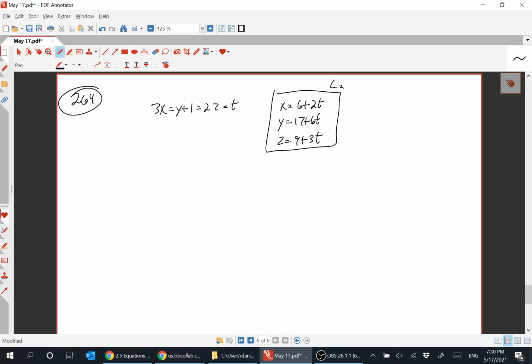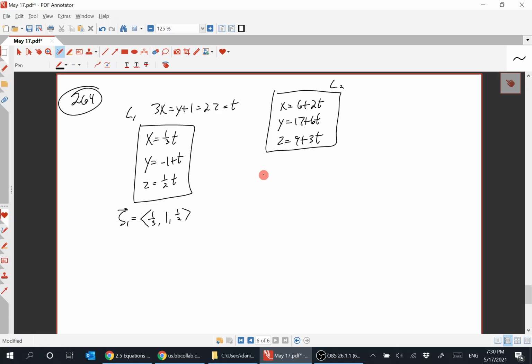L1, again, these are all equal to t. X is equal to 1/3 t. Y is equal to minus 1 plus t. Z is equal to 1/2 t. So that's L1. Right, so here the slope is equal to 1/3, 1, 1/2. And here the slope is equal to 2, 6, 3.